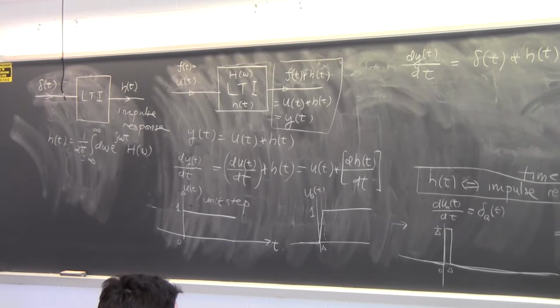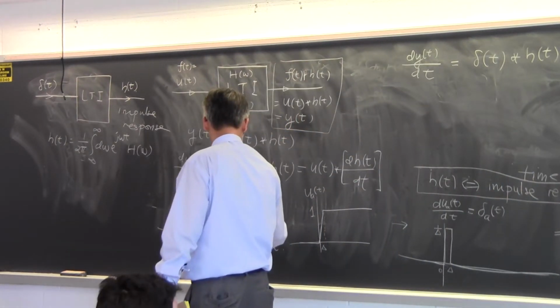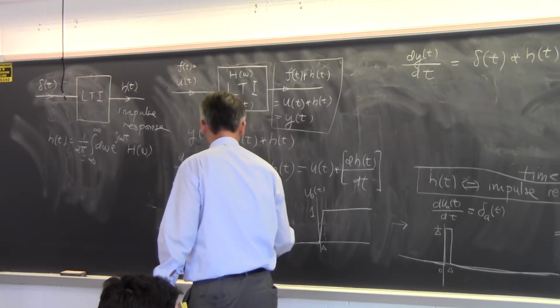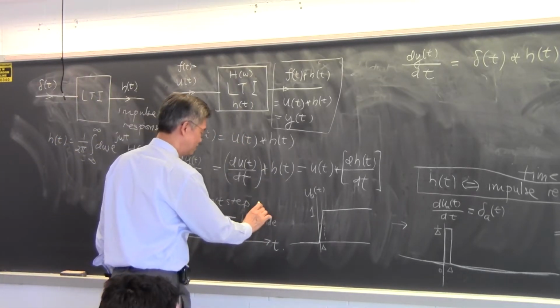So this kind of function is called a distribution. It was actually first proposed by Dirac. This one is actually proposed by Heaviside. So this sometimes is called the Heaviside step function.